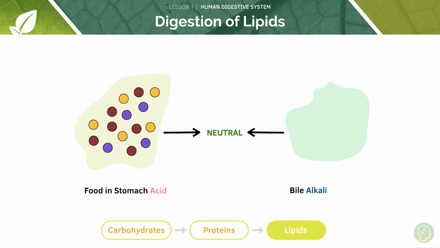Since bile is alkaline, it must have a pH above 7. So this is going to neutralise the food in the stomach acid.